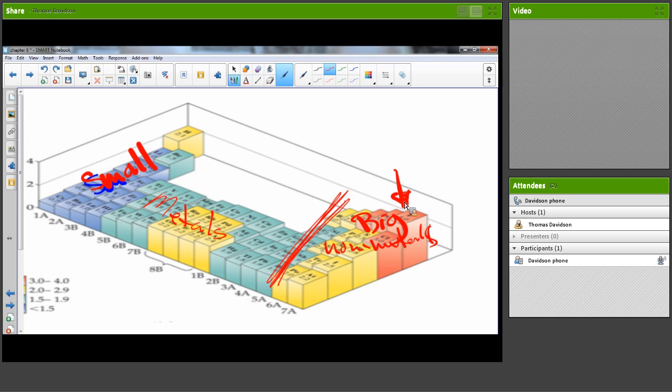What is unique about it? It's really small and has the highest Zeff, right? Which means it's pulling its electrons the hardest of any atom on the periodic table.